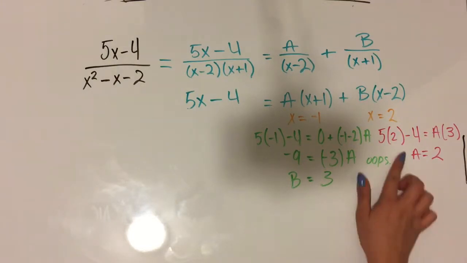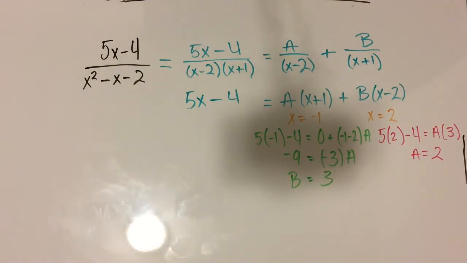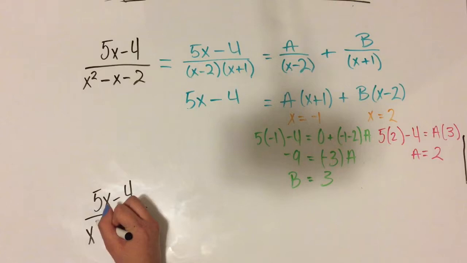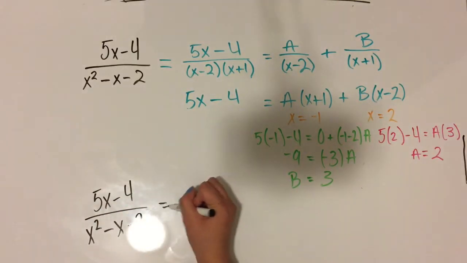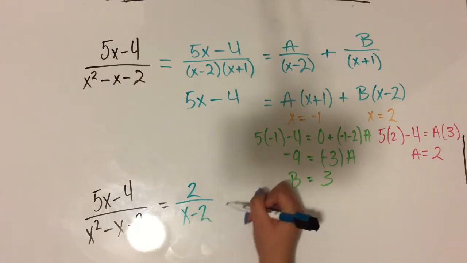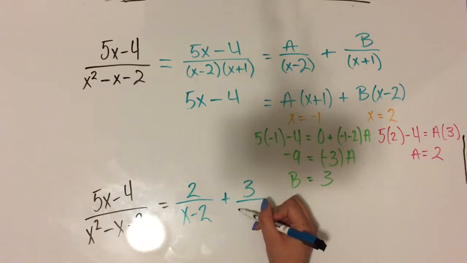That's supposed to be a B actually, where I wrote A. Sorry. And as you can see, we got our A and B, and we just plug it in to the partial fraction, and there is your final answer.